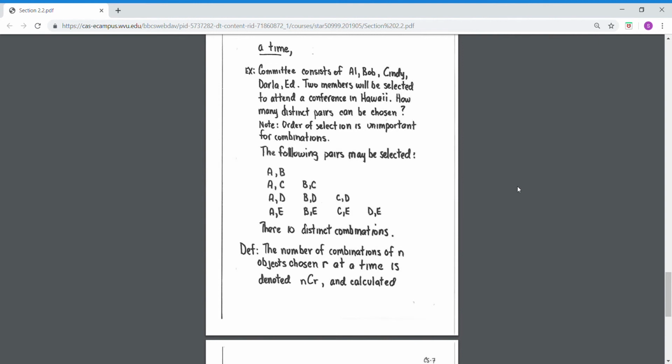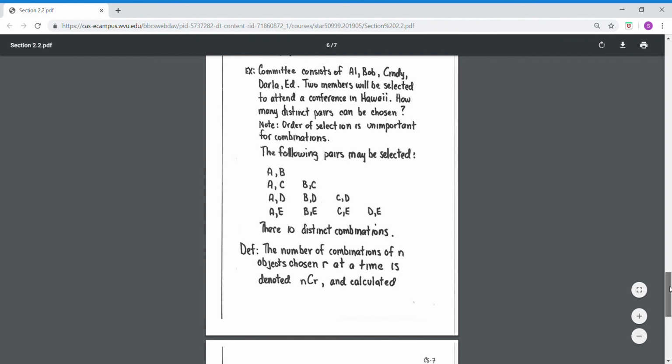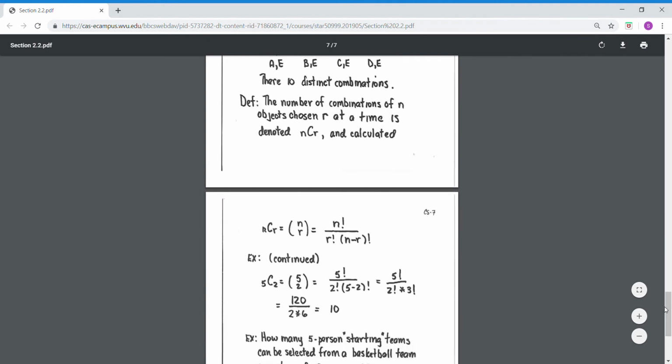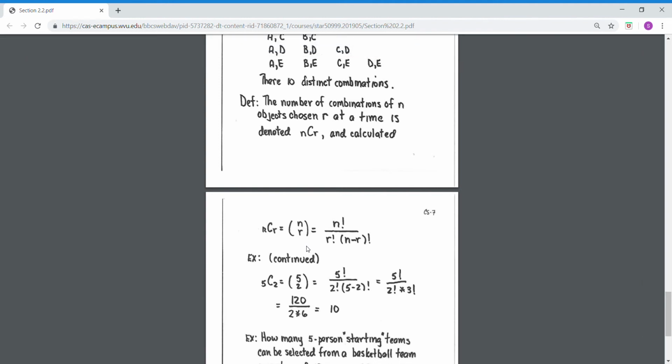Definition. The number of combinations of n objects chosen R at a time is denoted as nCr. You will hear me refer to this as n choose R. And it is calculated by n choose R equals, and this is another notation that you should be familiar with and will be used later in this course, where we will have our n over our r in parentheses.